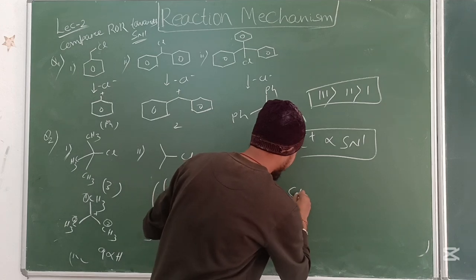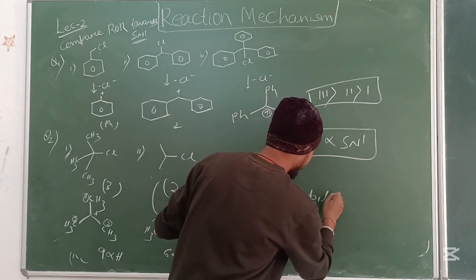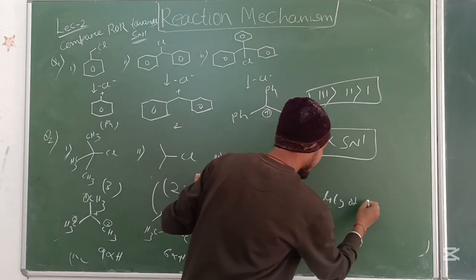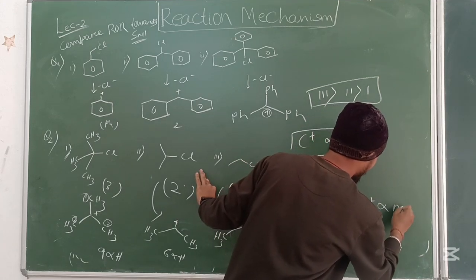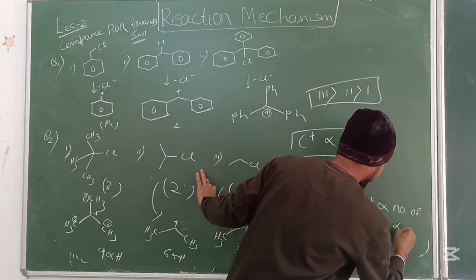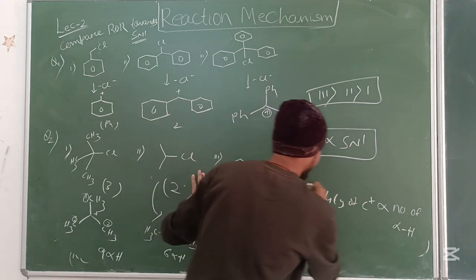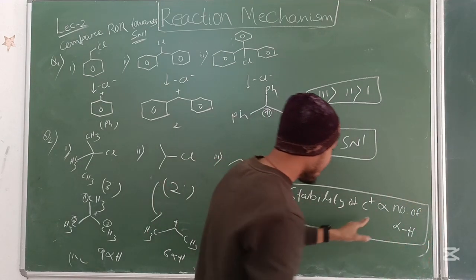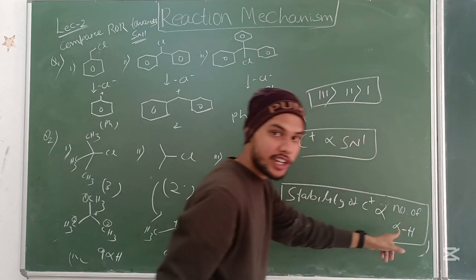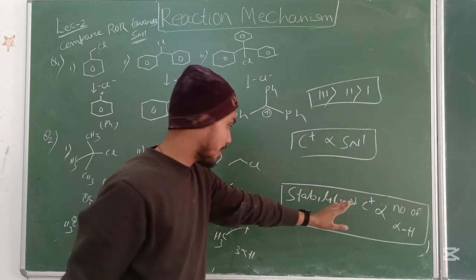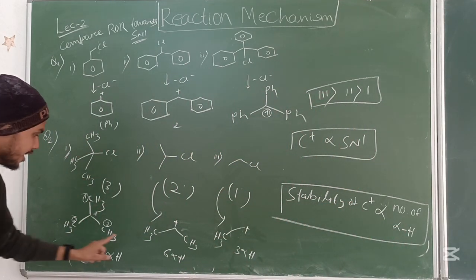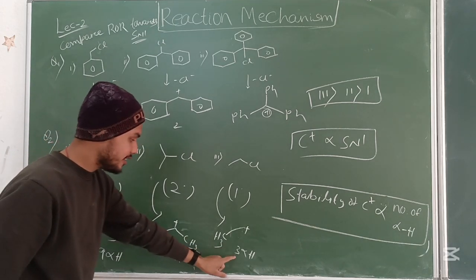The stability of the carbocation is proportional to the number of alpha hydrogens. This is also a concept. So here 9 alpha hydrogens, here 6 alpha hydrogens, here 3 alpha hydrogens.